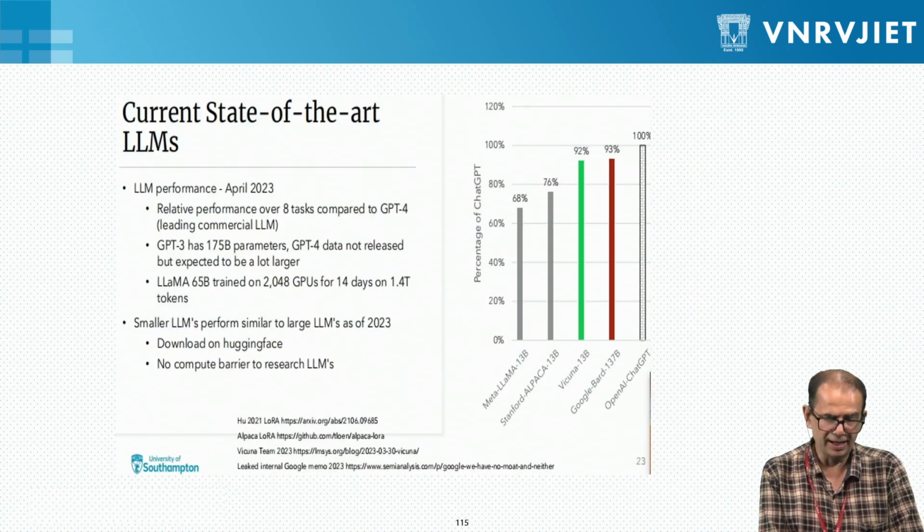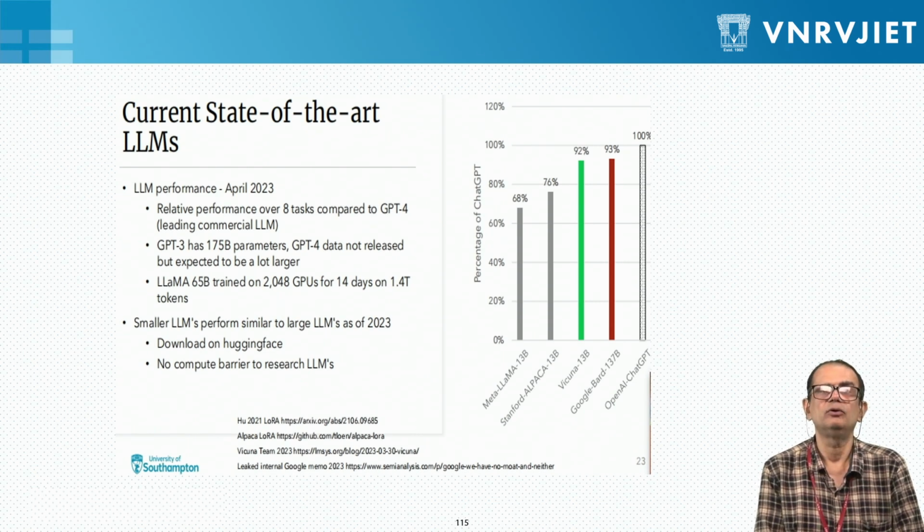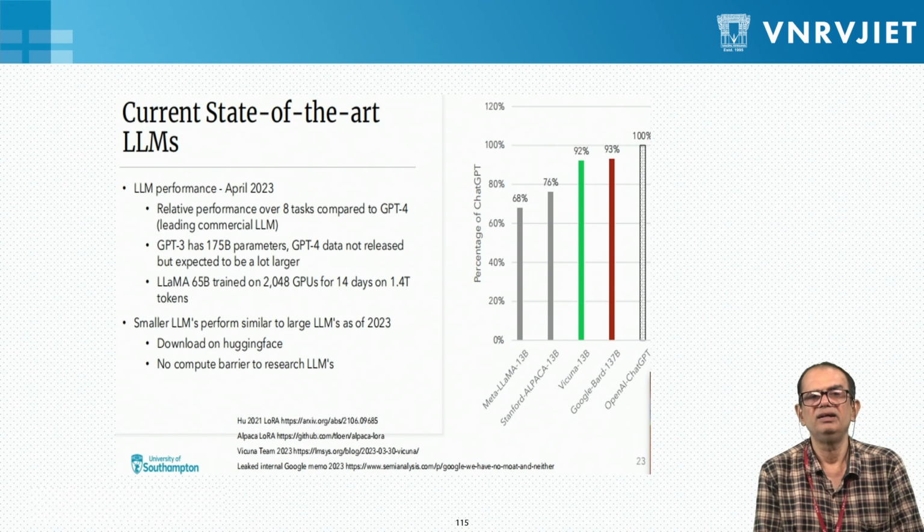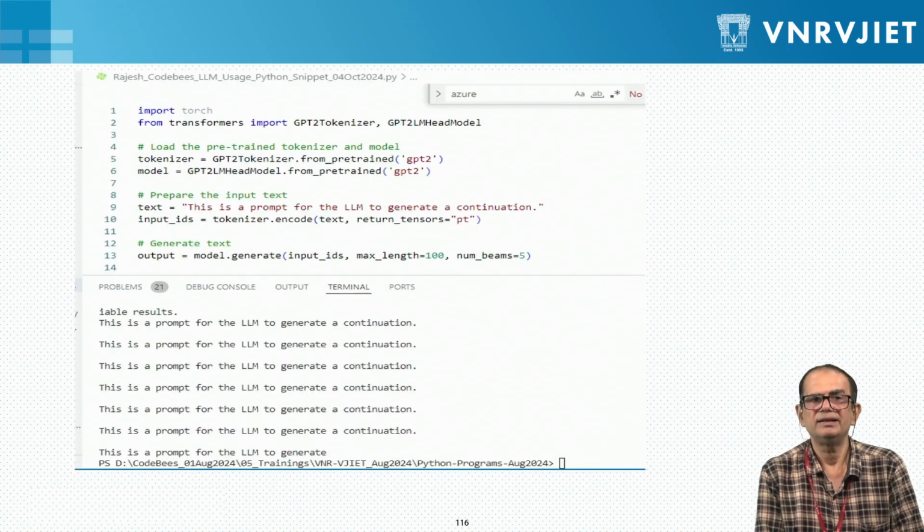Okay, and this is the current state of the LLMs. As you can see, the different LLMs are out here and they keep on growing. And I told you that when we evaluate a particular LLM, we evaluate it by the millions of parameters that it has.